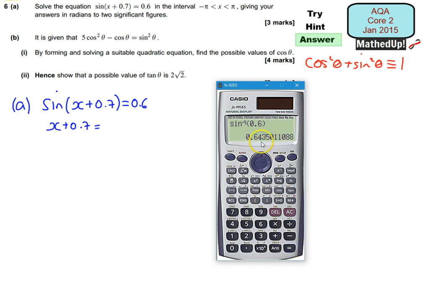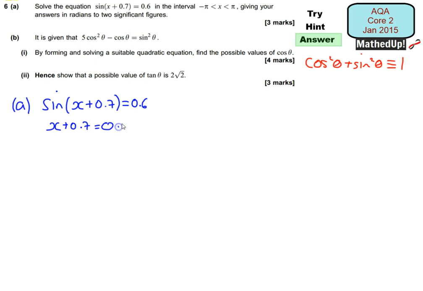And that gives me 0.6435. Okay, so that's one of my solutions, but because of the symmetry of the sine curve, I'm going to get another solution for x plus 0.7, where I do pi take away 0.6435.